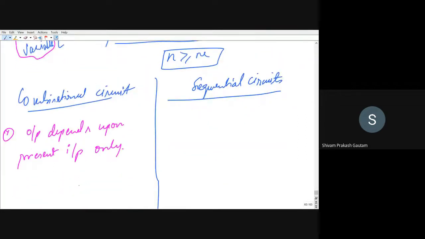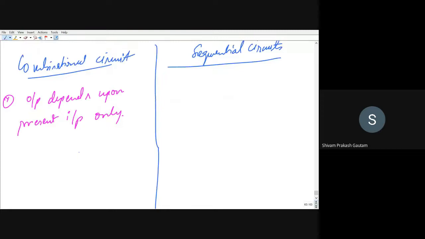Whereas in a sequential circuit, the output depends on present and past input. So in a sequential circuit, the output will depend upon the present as well as the past input. Past input means the input provided before the present input is given. Okay.